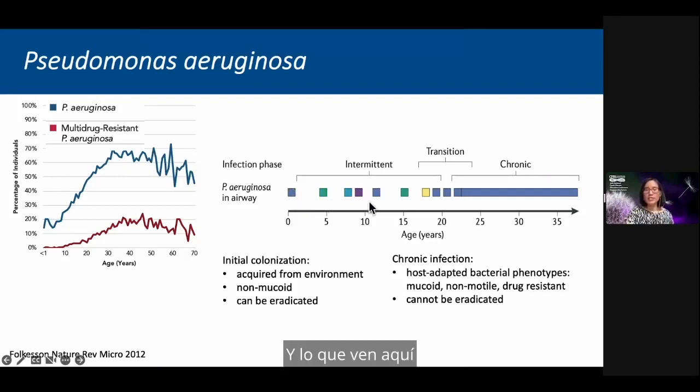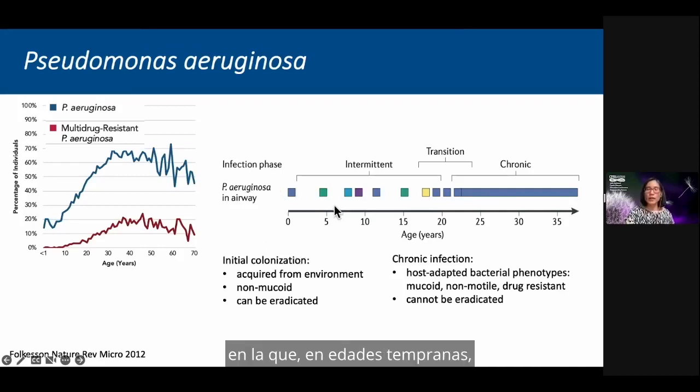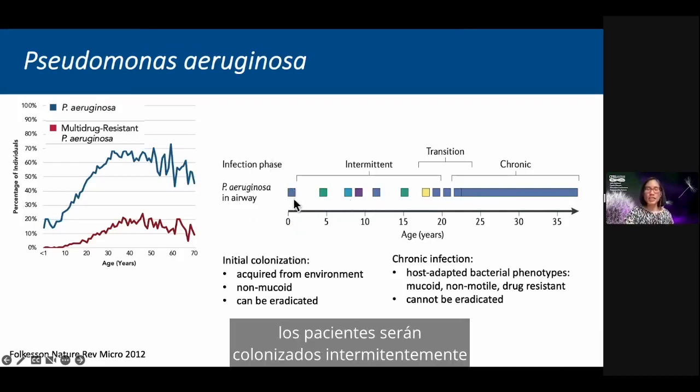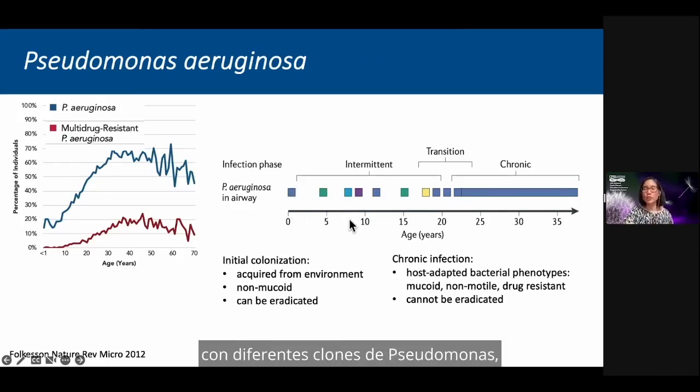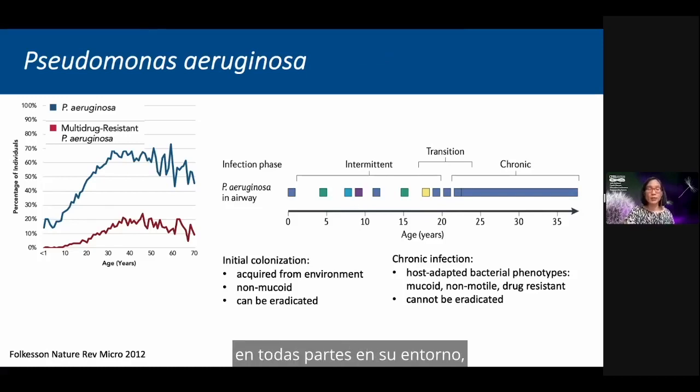And what you see here is a kind of a prototypical natural history where in the early ages, patients will be colonized intermittently with different clones of Pseudomonas, which are typically acquired from the environment. So it is noteworthy to say that Pseudomonas is really everywhere in your environment, in water pipes, in the soil. It lives outside in the natural and in the hospital environment, and we are all exposed to it.